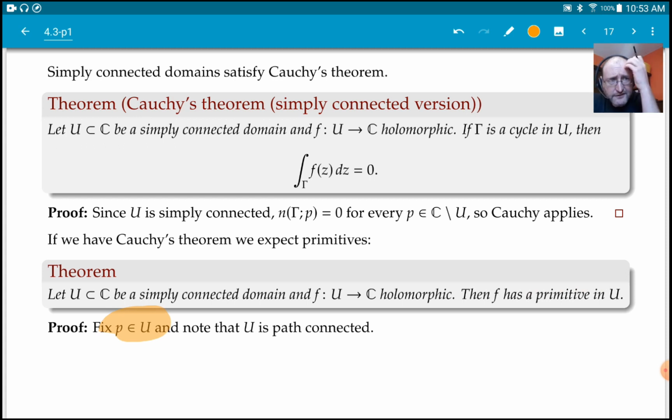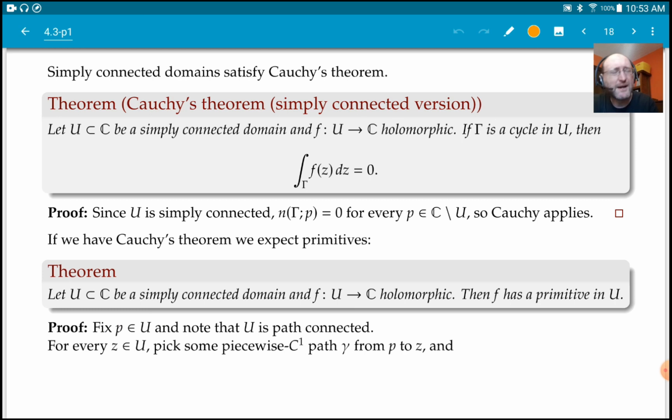And notice that U is connected, therefore it's path connected. And actually, we can take that path to be some piecewise C1 path or even C1 path if we want.